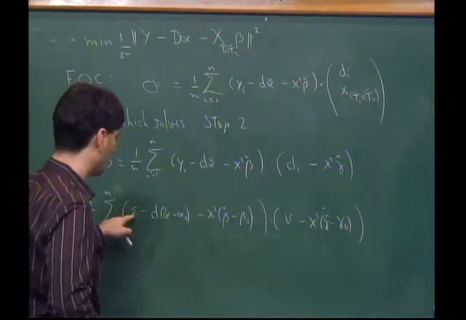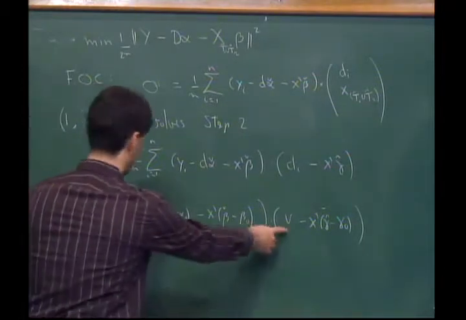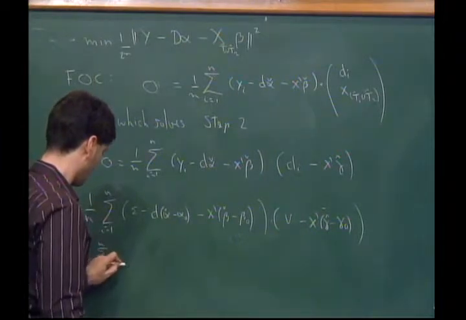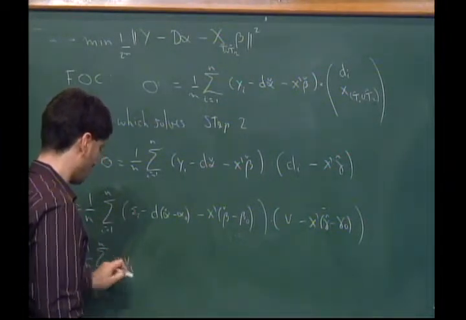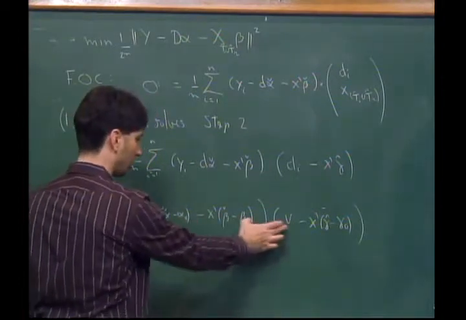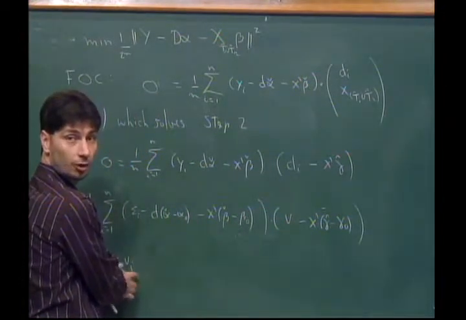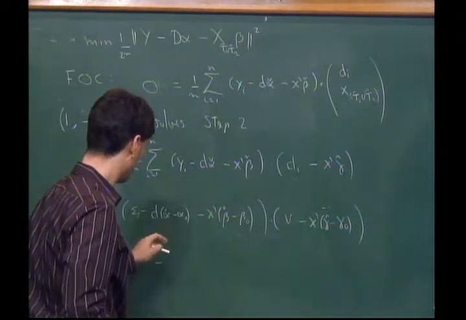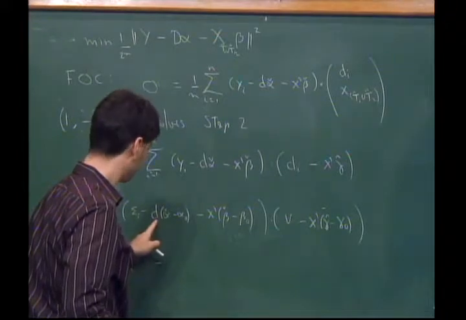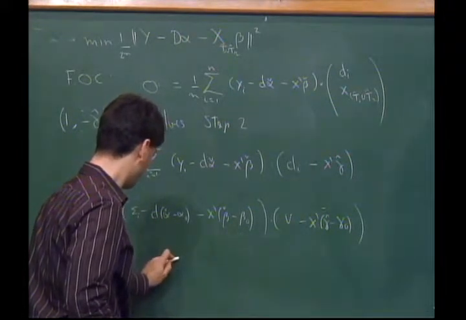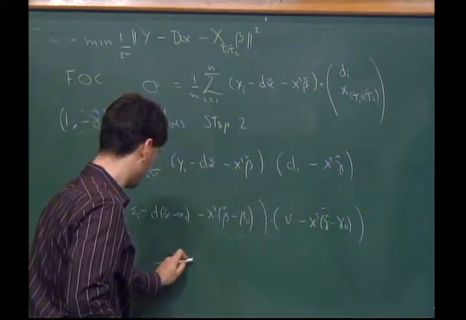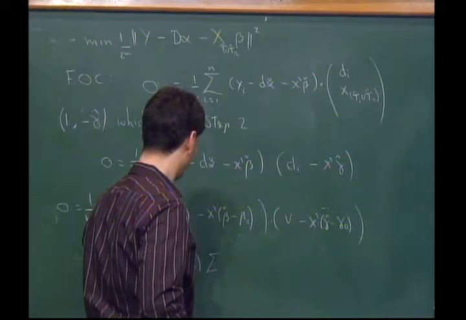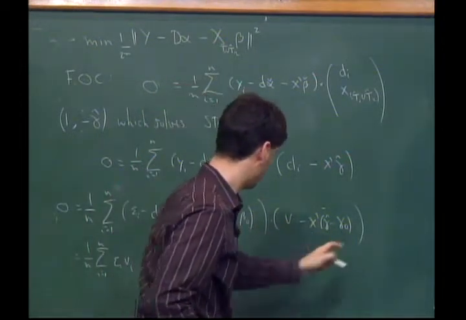So we get the first term, this is the term that is going to give us actually the leading term for the asymptotic normality. Minus, so we have alpha check minus alpha naught, summation of d times that thing.